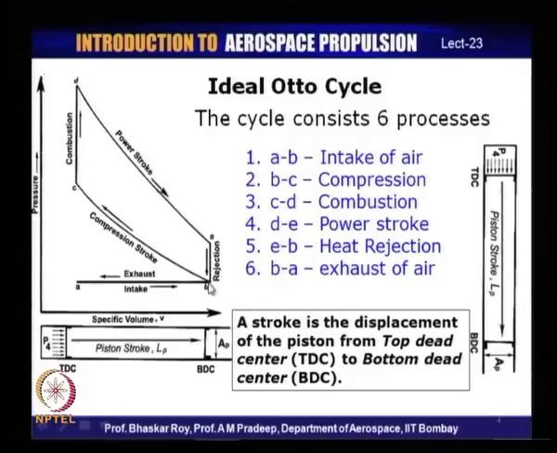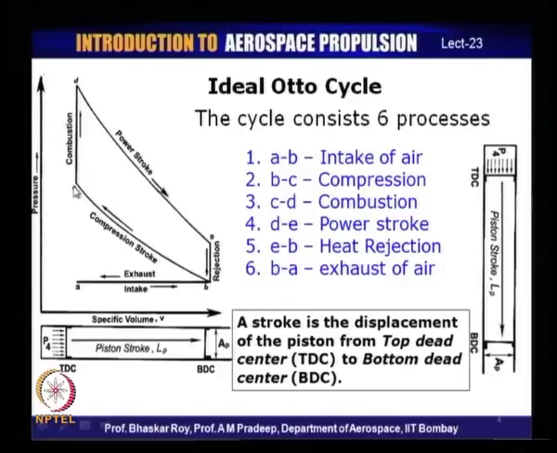The air is taken into the system, and from B to C this air is now compressed, and this is called the compression process, and it goes to a higher pressure, as you can see in this PV diagram.